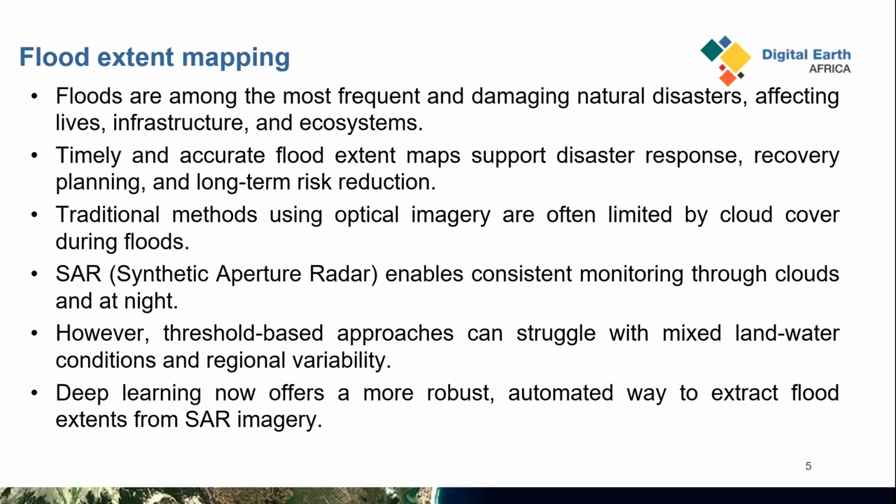But that in itself is not enough, because these threshold-based approaches can struggle when you have mixed pixels, where you have land and water conditions, as well as regional variability. So this deep learning methodology, we're hoping, will be a little bit more robust and a little bit more automated in terms of using SAR imagery for flood mapping.